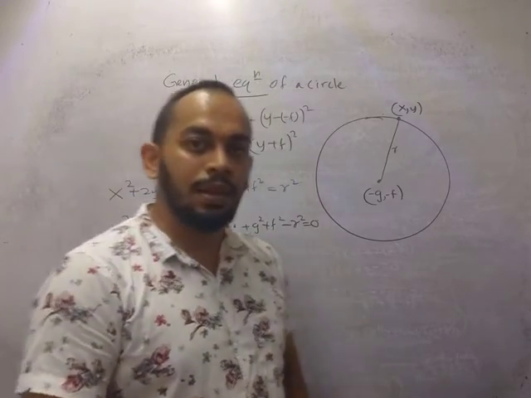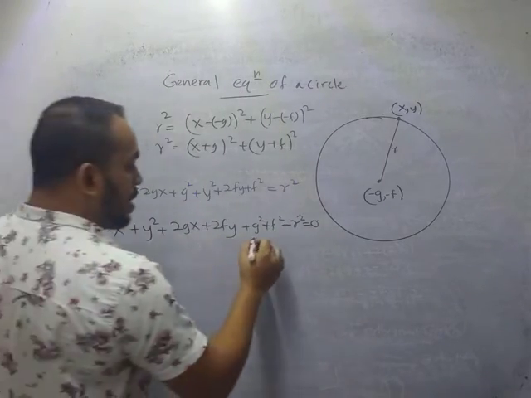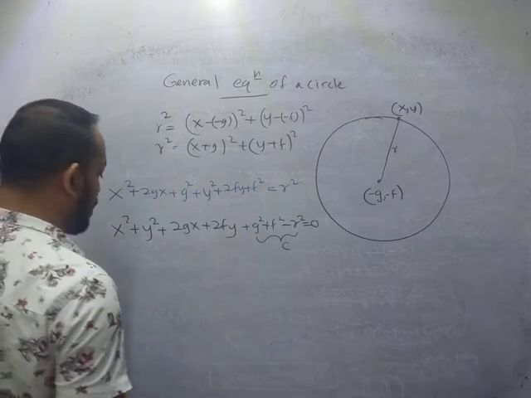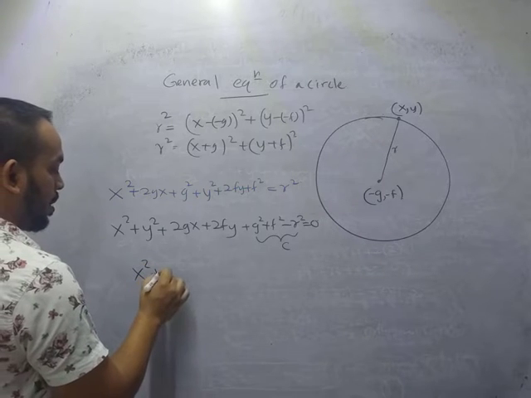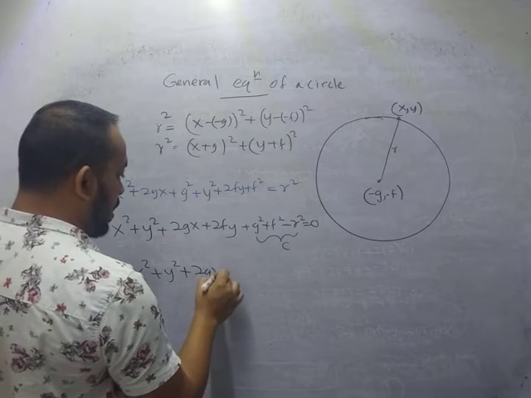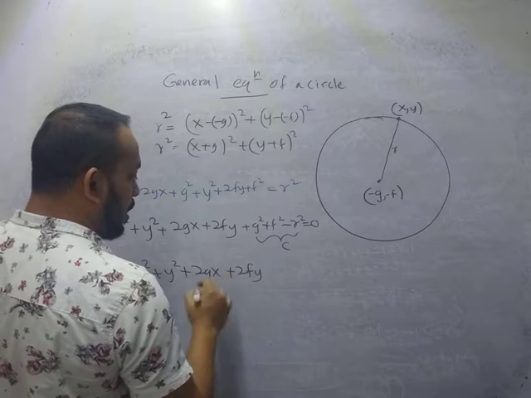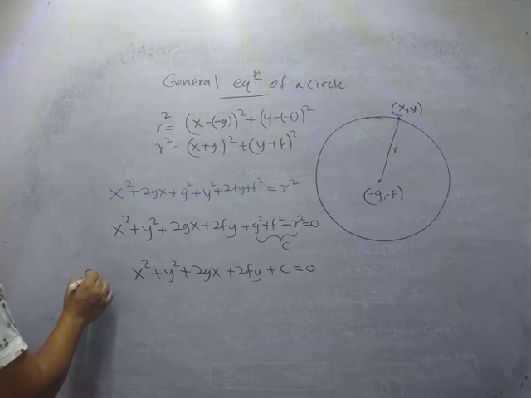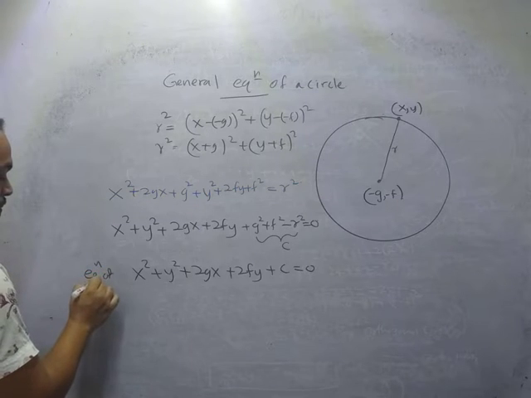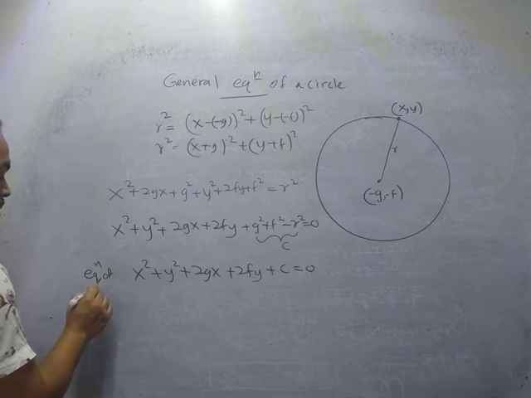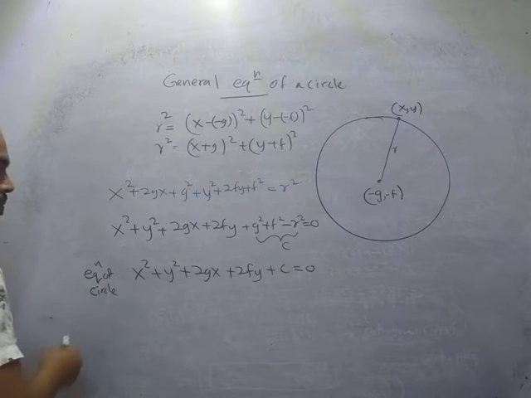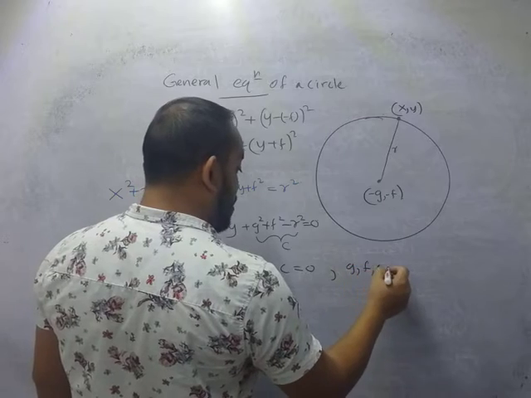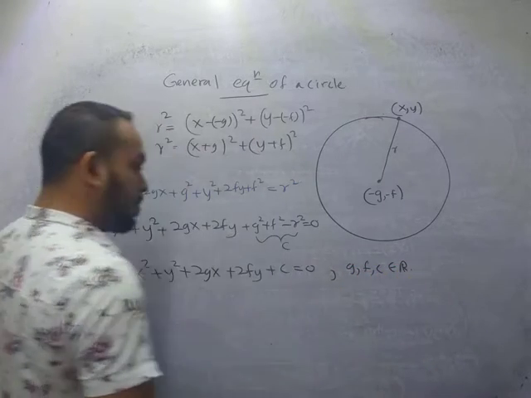Now I'm going to make a small change. I'm going to replace this by a constant c, because this gives you a constant. Therefore, x squared plus y squared plus 2gx plus 2fy plus c equals 0 is the equation of the circle, where g, f and c are real numbers.